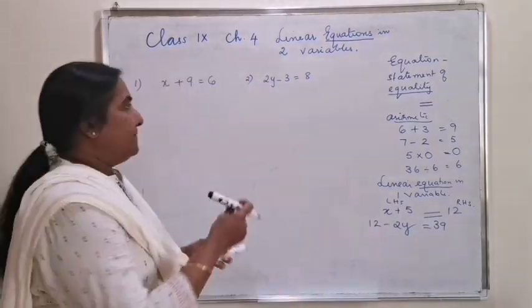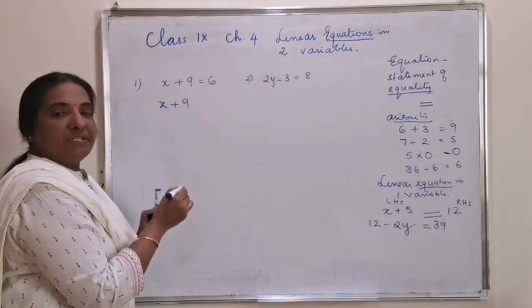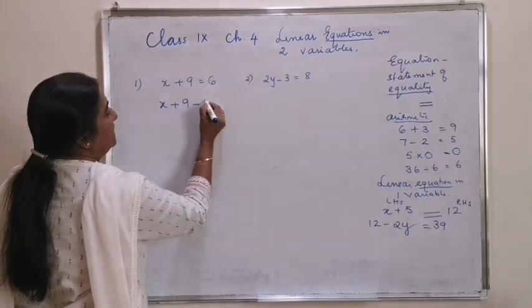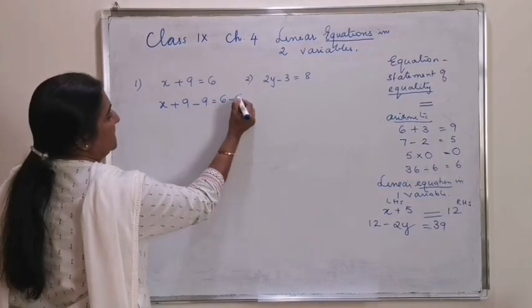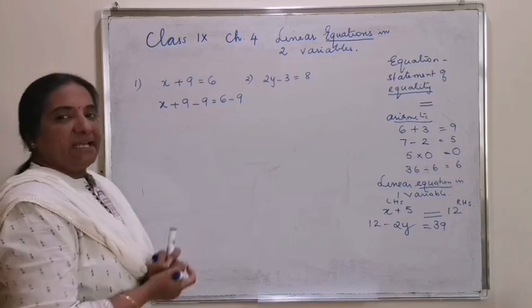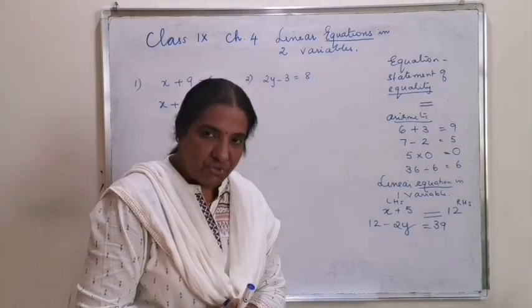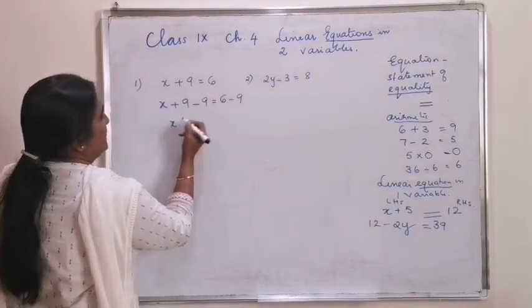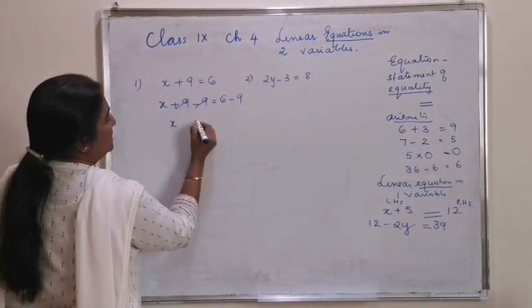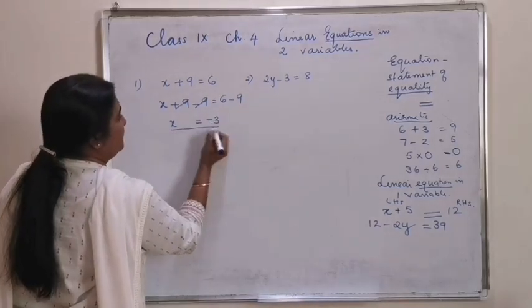The method is x plus 9. If you subtract the same number from both sides of an equation, the left hand side and the right hand side still match, and so x plus 9 minus 9 is x, and 6 minus 9 is negative 3.